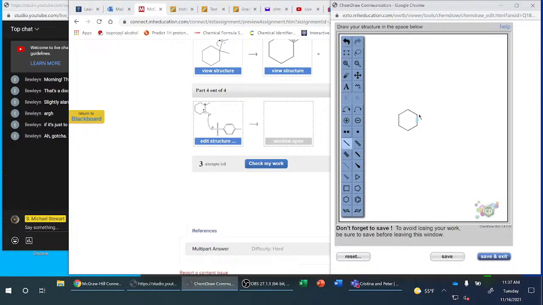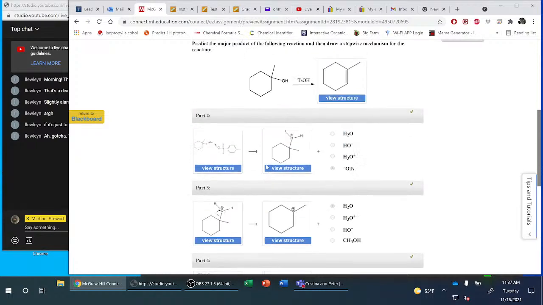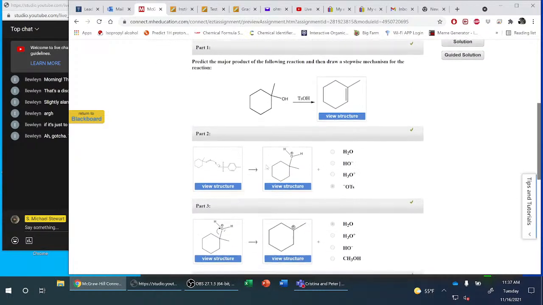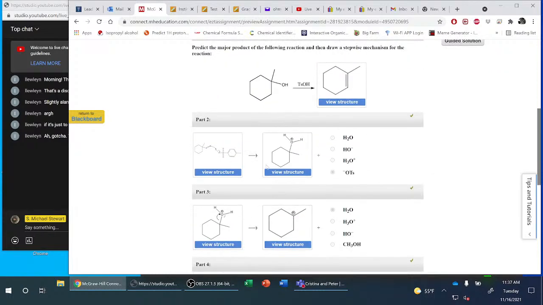You're not going to have TsOH as the potential product. So that's the stepwise mechanism. It should look a lot like any acid catalyzed dehydration of an alcohol. All right, so that's 39. Next one is going to be 40.